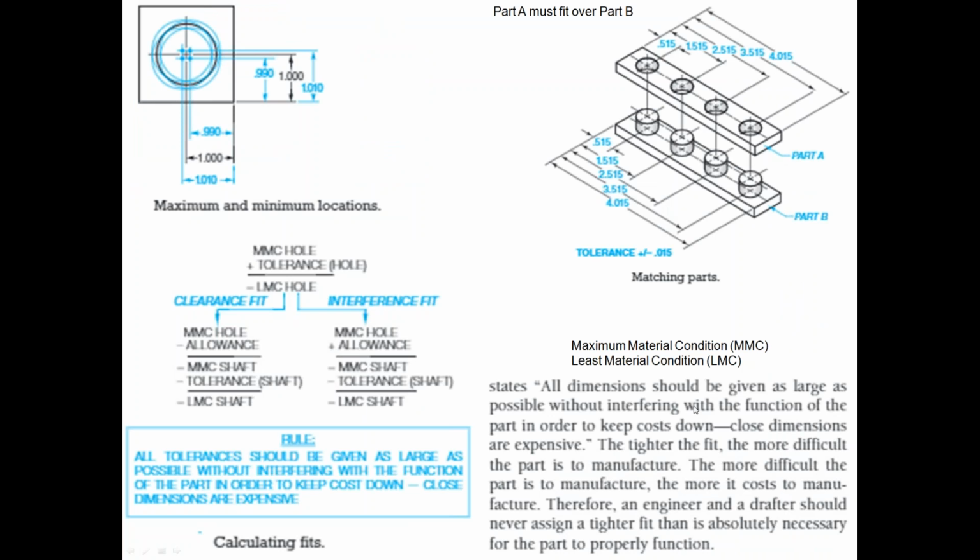So, maximum and minimum location. How do you determine maximum and minimum location? Here's the rule. All tolerances should be given as large as possible without interfering with the function of the part in order to keep costs down. Close tolerances are expensive.